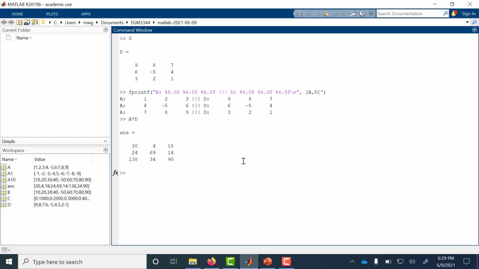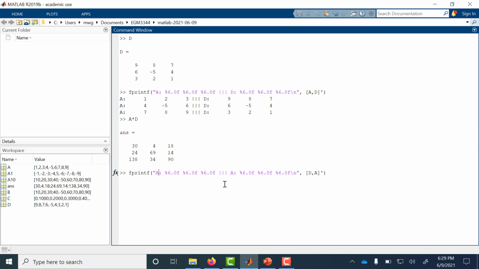So that should be the 30 and so forth. So that product, A times D, the matrix multiplication, should not be the same as where I swap D and A around. It's not commutative. Let's see what we get.